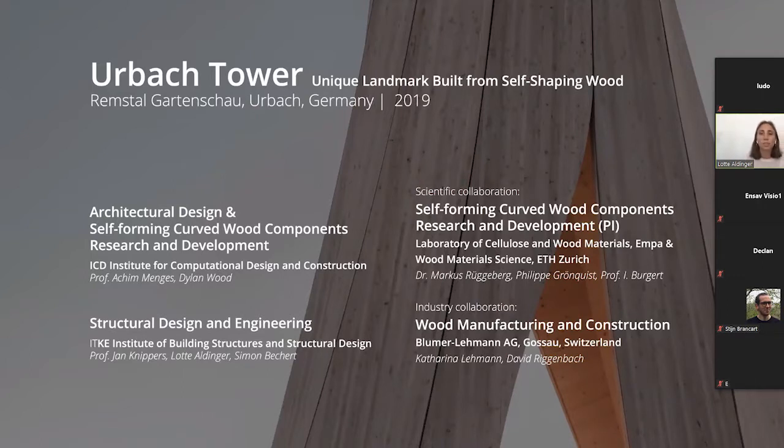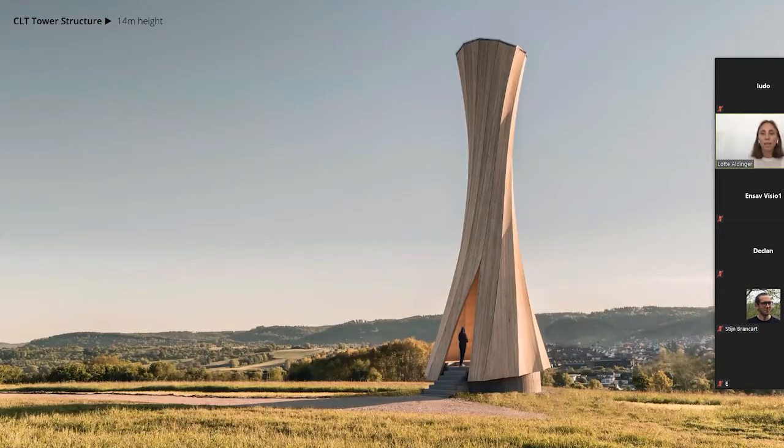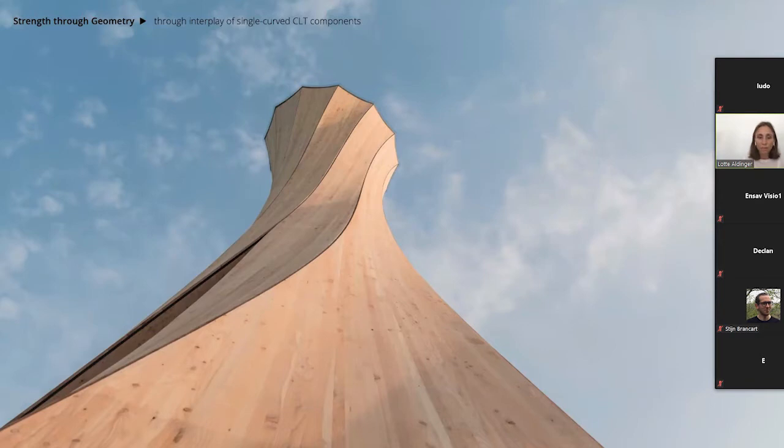It's a 14-meter high CLT surface active timber structure, and it gains its strength through its geometry. However, it's single curved, but it has this appearance of double curvature through the interplay of the single curved elements. And why is it single curved?